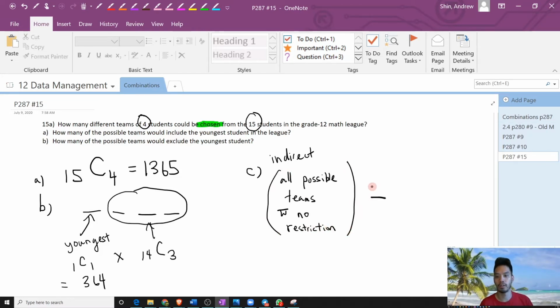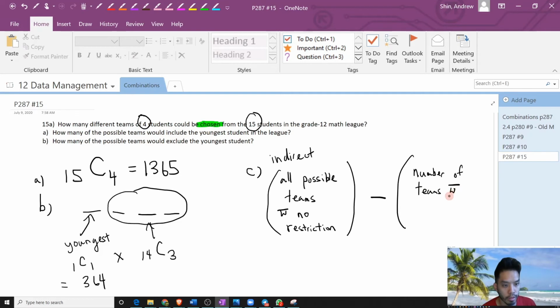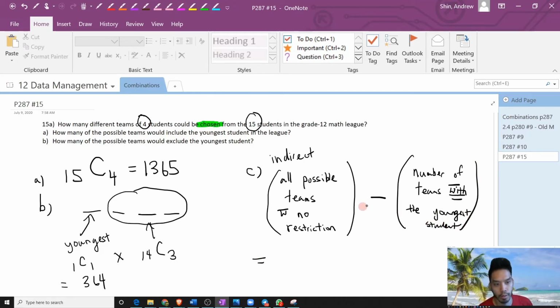and if we subtract the number of teams with the youngest student, we're going to be left with the number of teams without the youngest student.